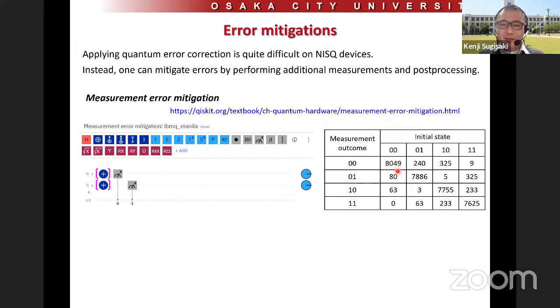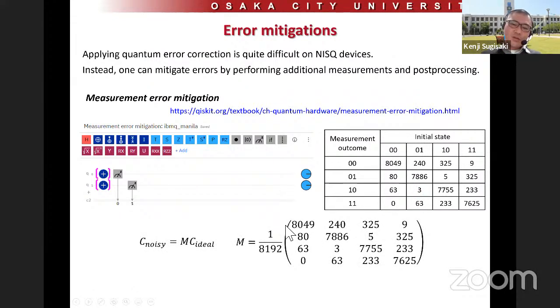We almost obtain the 0 state, but we also obtain the 1 state with small probability. If we start from the 0 state, of course, the largest probability is for the 0 state. But still, we have a chance to obtain the 1 state.